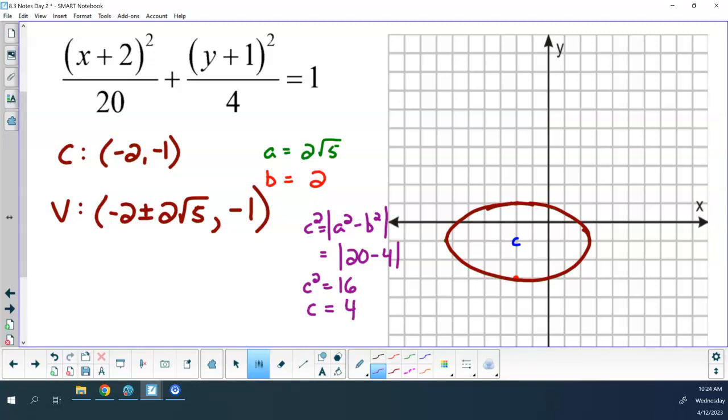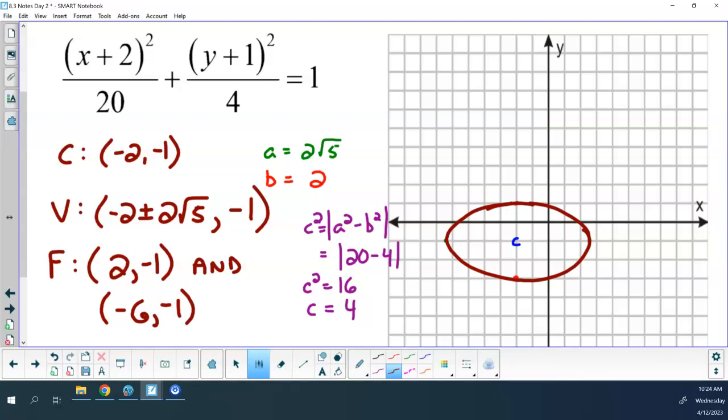Again, it's horizontal. So my foci would be at -2 plus 4. Well, that's going to be at 2, comma 1. And -2 minus 4, that would be -6, comma negative.